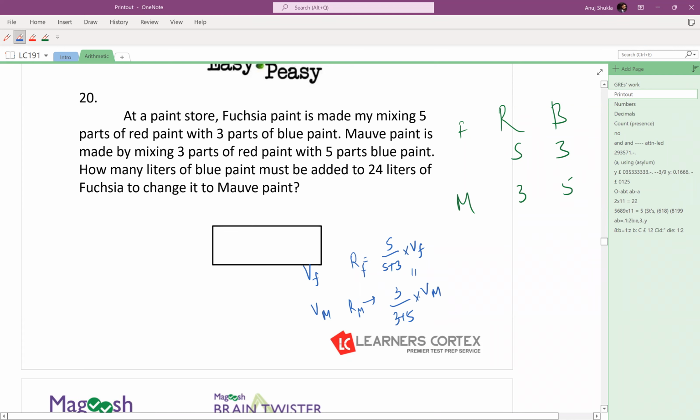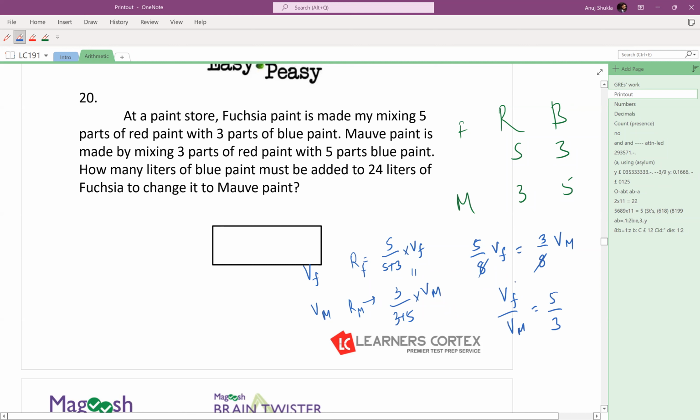Yes, because we have not at all touched the red content of it. So what I can say, 5 by 8 VF is equal to 3 by 8 VM. 8 cancel. Then can I say VF divided by VM is equal to 5 by 3.